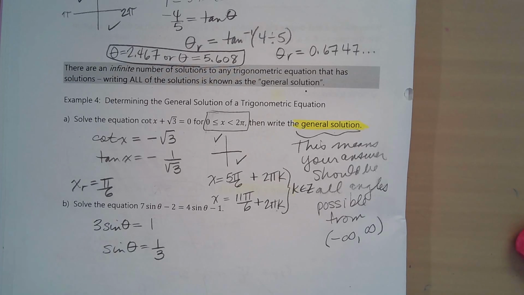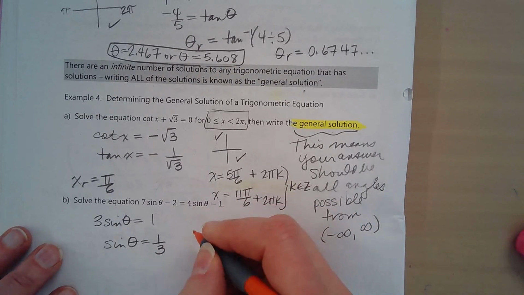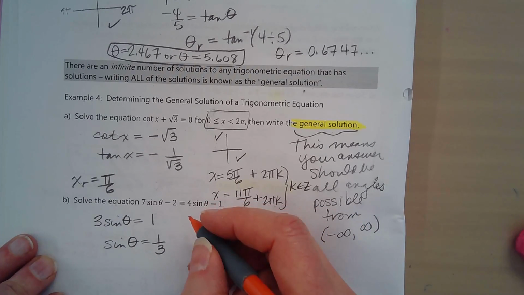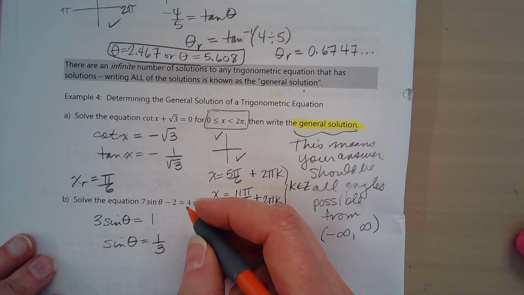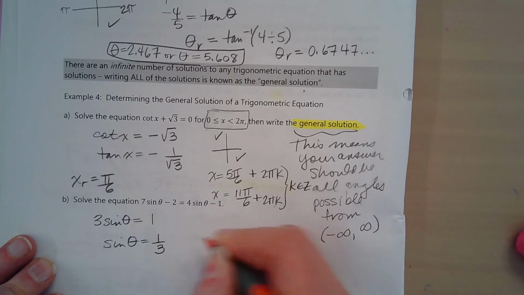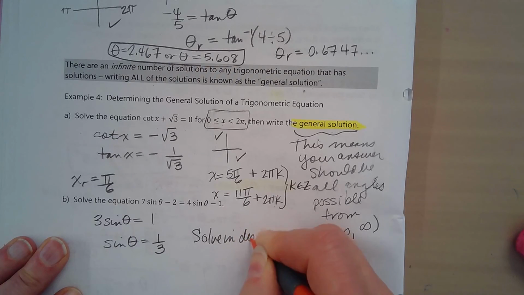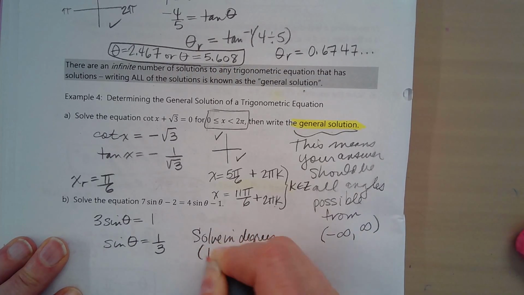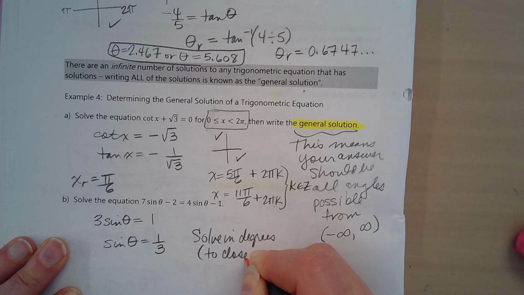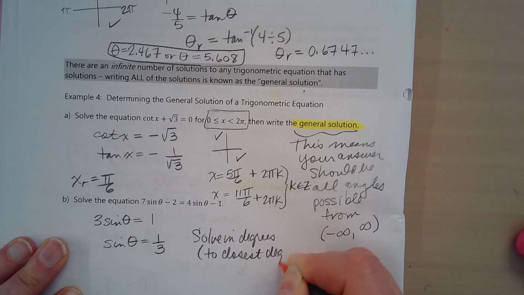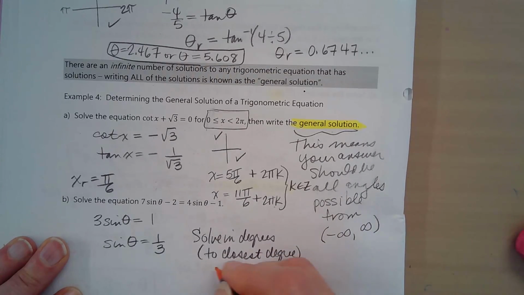As a nice little present to ourselves, let's say round to the nearest degree, no decimals. Okay, solve in degrees to closest degree. General solution.